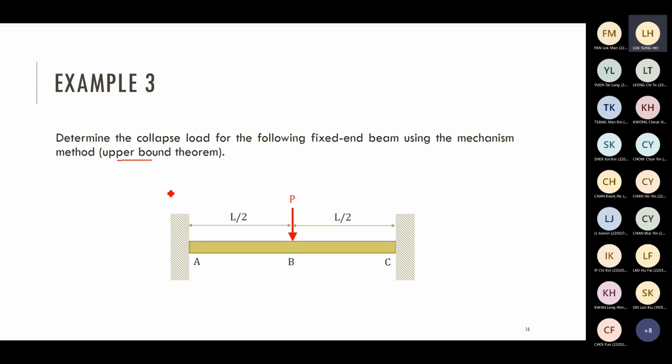To use upper bound theorem, you need to firstly try to predict the collapse mechanism. That means where is the location of the plastic hinges. Firstly, maybe we have a plastic hinge at point A. After formation of the first plastic hinge it is still stable, you add another hinge, point C, right?